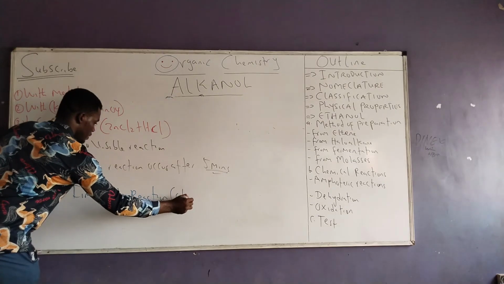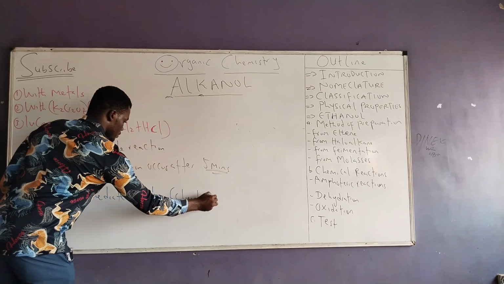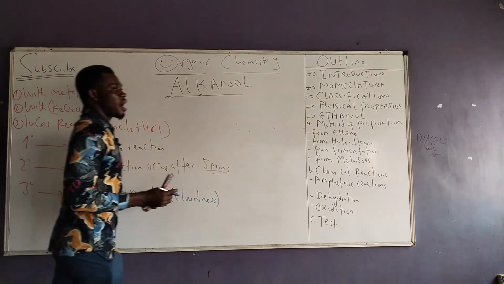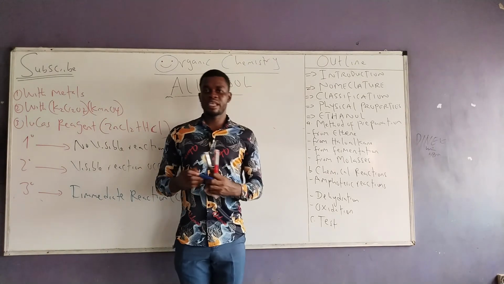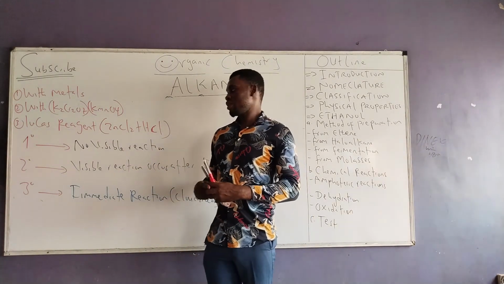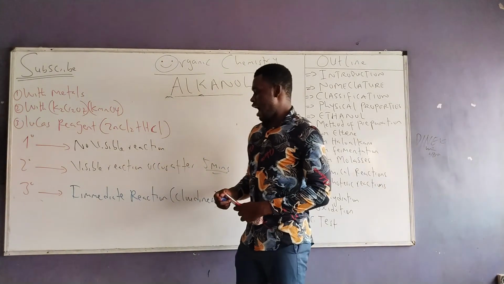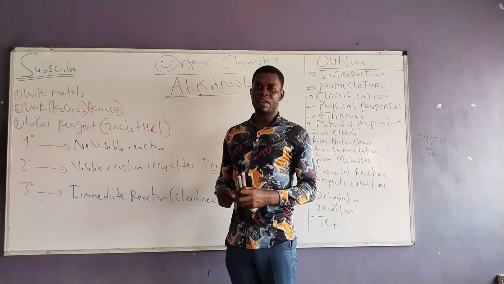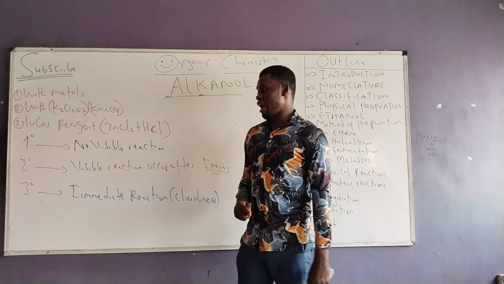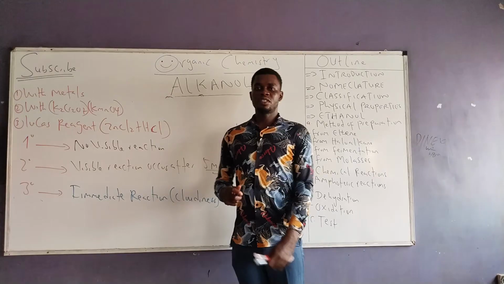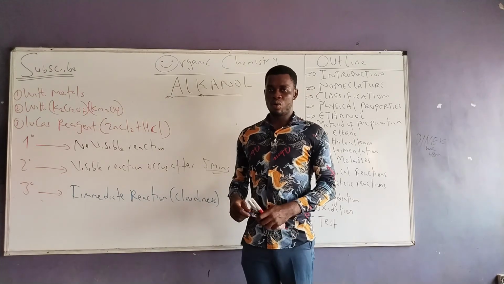Usually, cloudiness is formed immediately. So for primary alcohol, there is no visible reaction. For secondary alcohol, a cloudy deposit is formed after 5 minutes. A visible reaction occurs after 5 minutes. For tertiary alkanols, there is an immediate visible reaction that occurs.